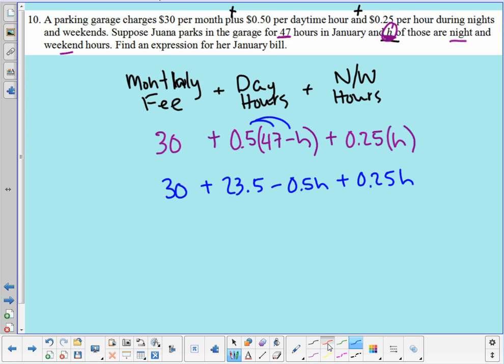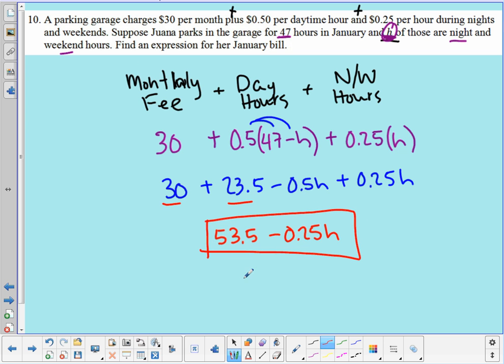Put your like terms together. 30 plus 23.5 is 53.5. Then negative 0.5 plus 0.25, this is a negative 0.5 and a positive 0.25, which is a negative 0.25 times the night and weekend hours. So really it's a parking fee minus 25 cents times the night and weekend hours for her January bill.